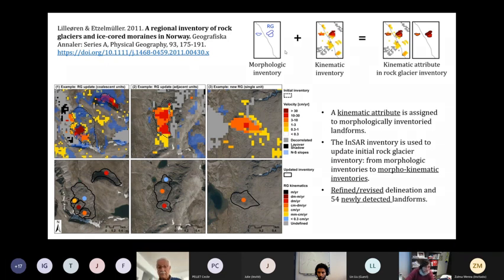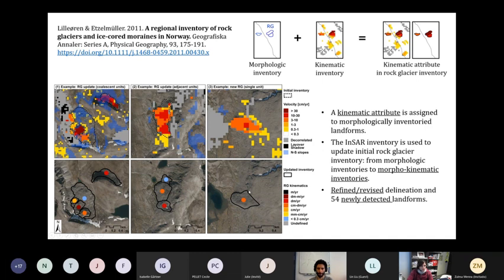So we refined and revised the delineation, and also thanks to InSAR, we discovered 54 landforms that were not inventoried in the previous database because of the quality of the orthophotos or shadow effects, snow, whatever, but that were quite clear. Typically, this example here, the example 3, where we could see a quite clear signal from InSAR, and when looking at the orthophoto, we indeed see that something is happening here.